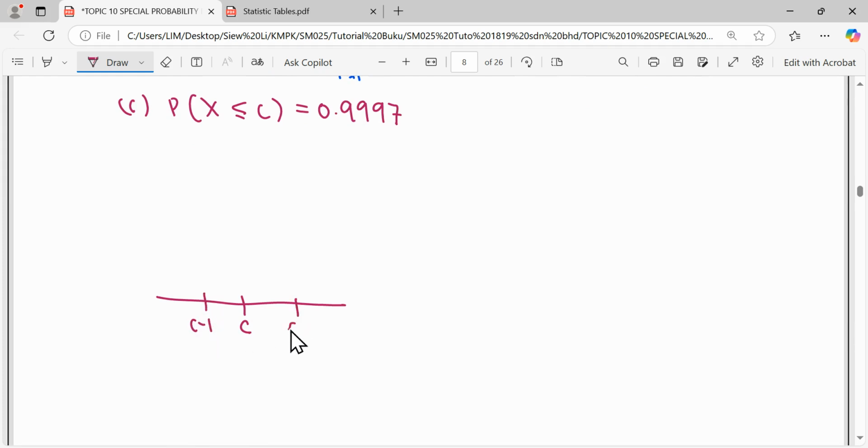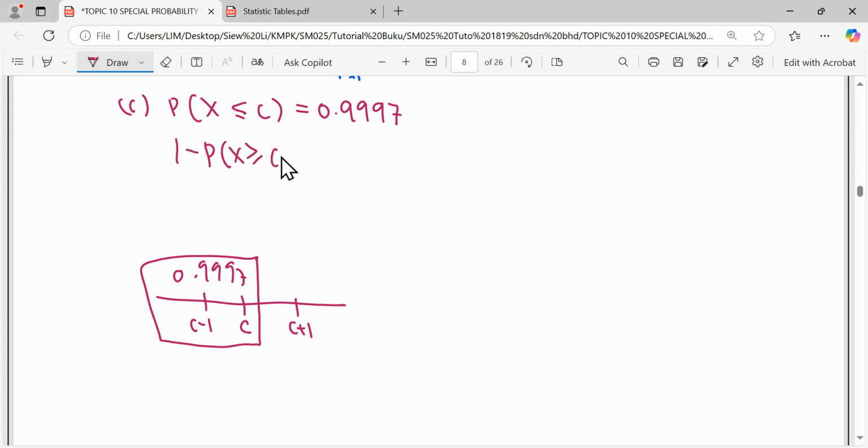Just imagine your discrete random variable is c. Before it is c minus 1, after that is c plus 1. So your region here is less than or equal to c, which is 0.9997. Changing to more than, it is 1 minus the probability of more than or equal to c plus 1, which gives 0.9997.